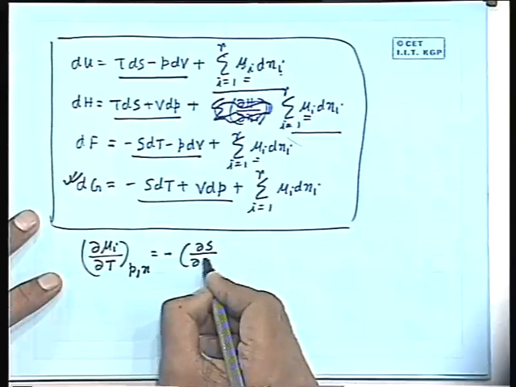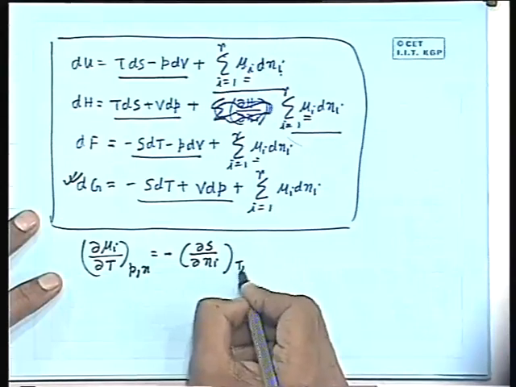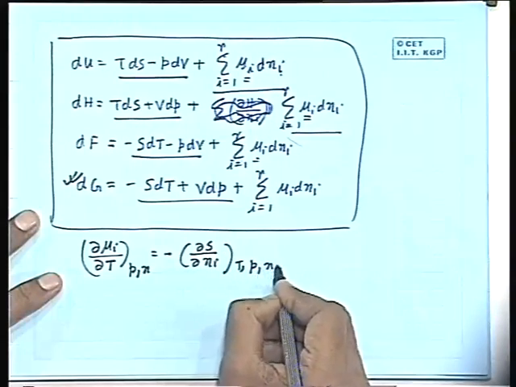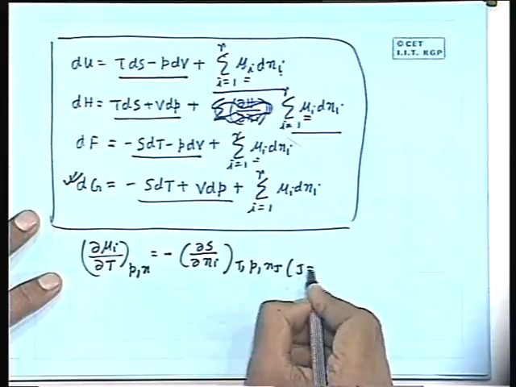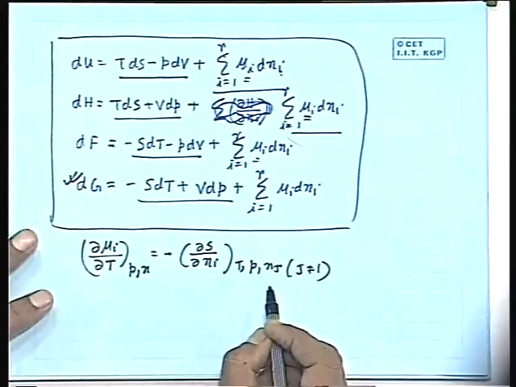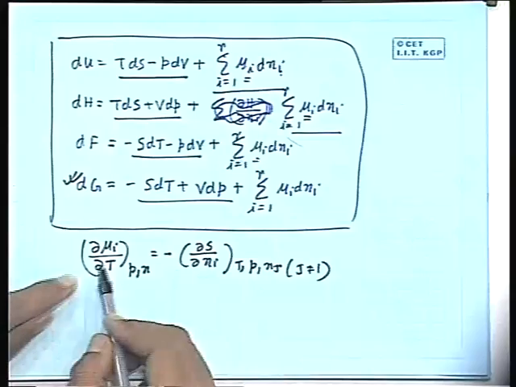del n i at constant T, P and n j, j not equal to i. We can generate a number of such very important chemical thermodynamic relations. How do you derive it?